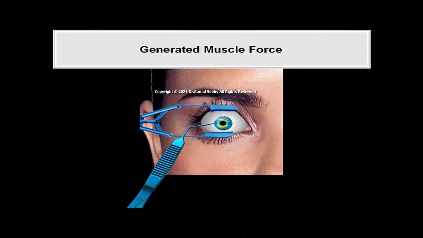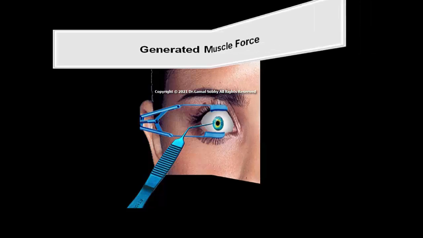The force generated by a contracting muscle can be estimated by stabilizing the eye with forceps while the patient tries to move the eye against this obstacle. This test is used to distinguish muscle paralysis from mechanical restriction. The presence of a tug on the forceps indicates normal contraction of the muscle, so mechanical restriction is present. The absence of a tug on the forceps indicates muscle paralysis.